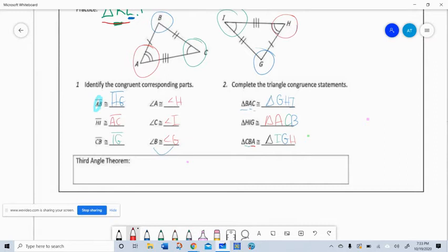So the third angle theorem states that if you have 2 angles that are congruent to 2 other angles in another triangle, then the third must also be congruent. It's kind of common sense.